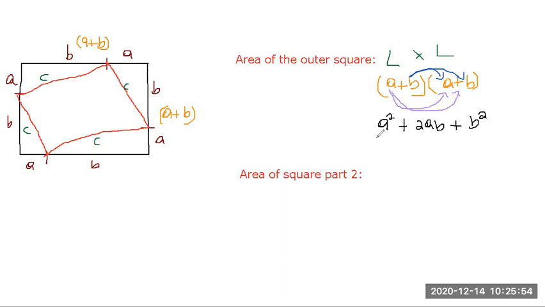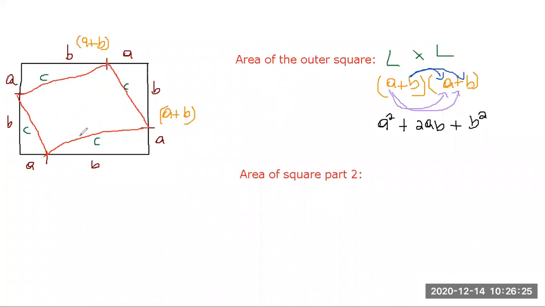All right, so in order to find the area for this big square, we're going to have to find the area of the small square first and the triangles.